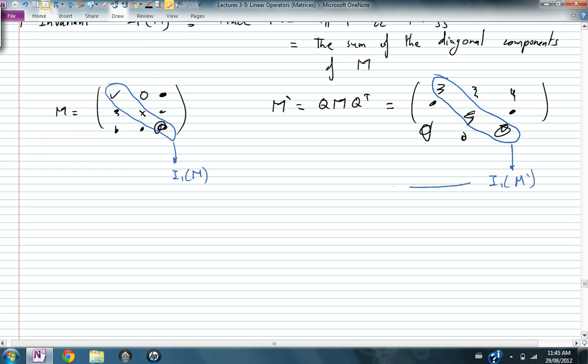Oh, these are equal. So this is the first invariant.